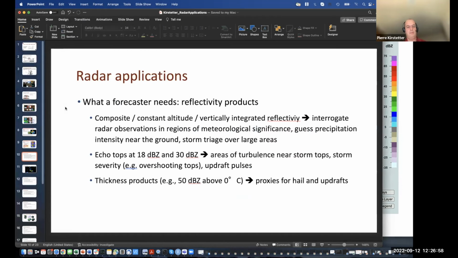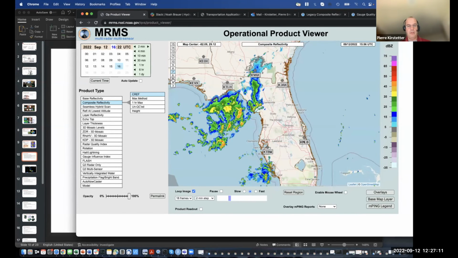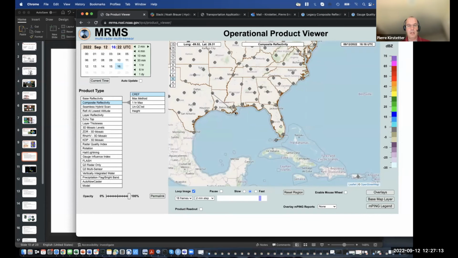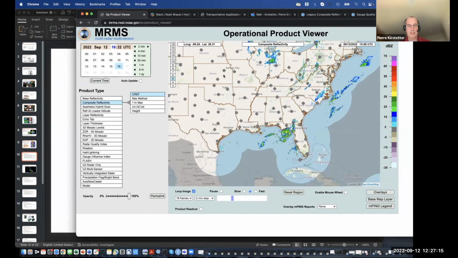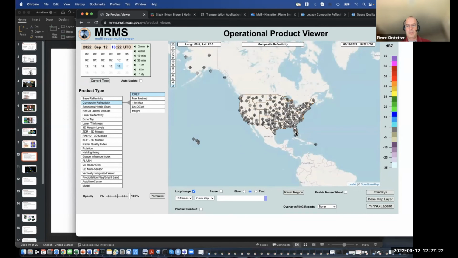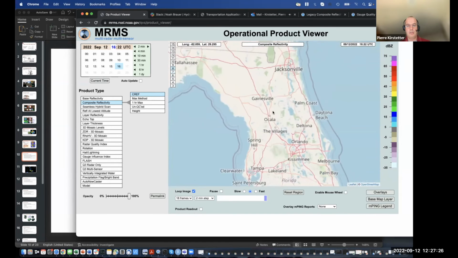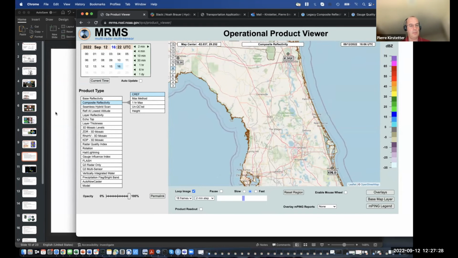So the composite reflectivity is used by forecasters to interrogate radar observations in regions of meteorological significance. Well, it turns out that something is happening in Florida right now, but if we go, I don't know, to Kansas, nothing much is happening at this time. So a forecaster can decide to focus on Gainesville and to issue a warning.